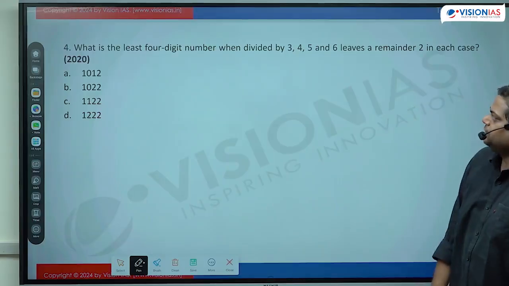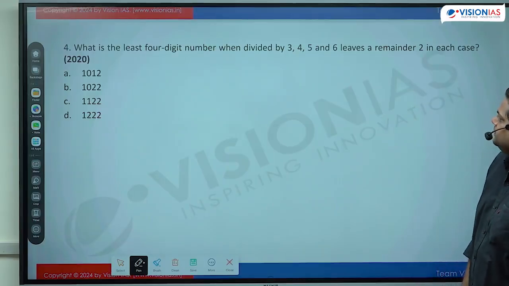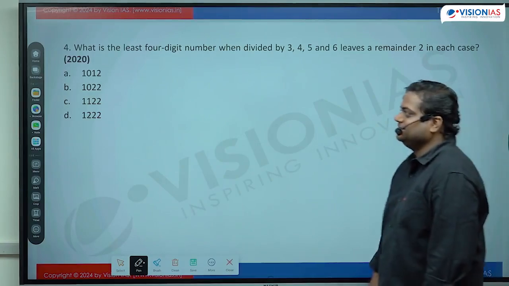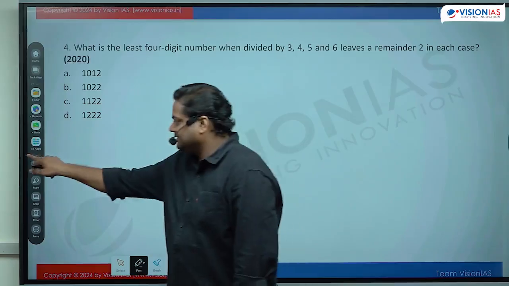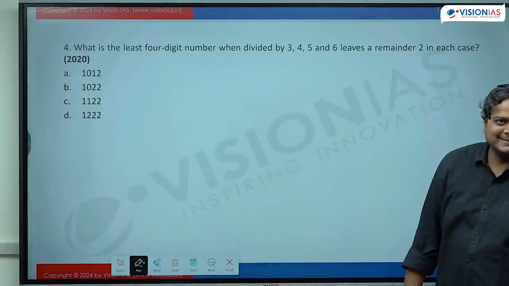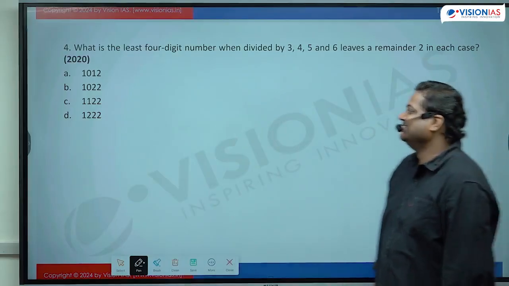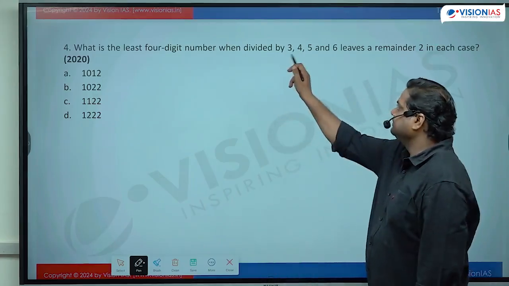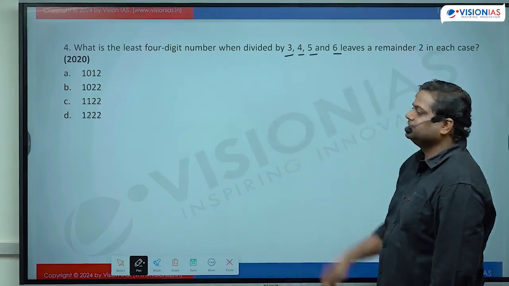What is the least 4-digit number when divided by 3, 4, 5 and 6 leaves a remainder of 2 in each case? सारा चेक कर लिया था? So we have 3, 4, 5 and 6.